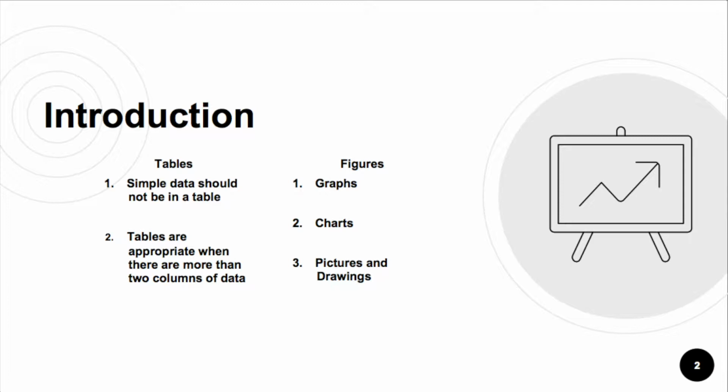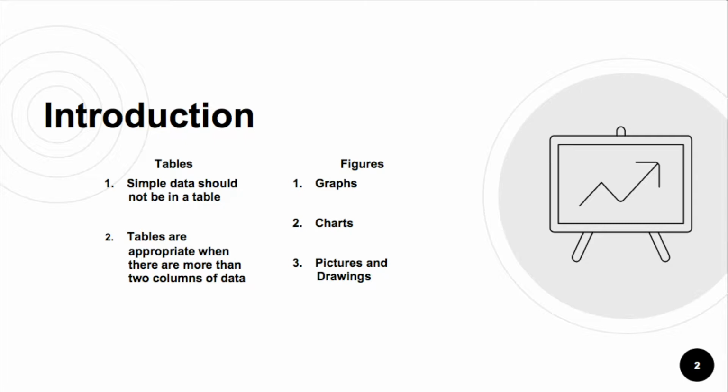When using tables in APA format, it's important to note what information is appropriate to go into a table. If the information can go into more than 2 columns, then it's appropriate to use a table. However, if the data can be put into less than 2 columns, it should be put into the body of the text.